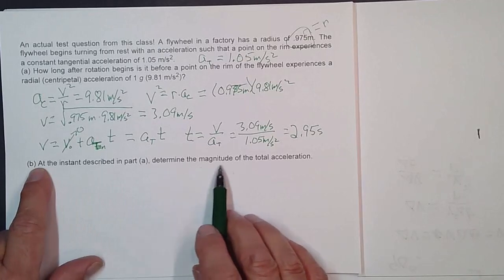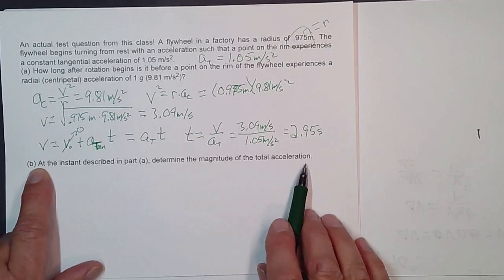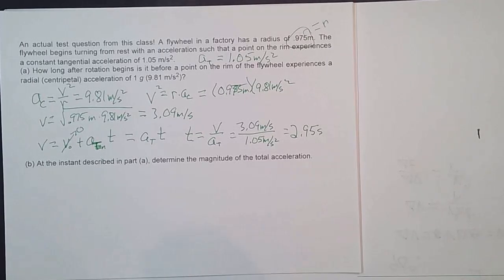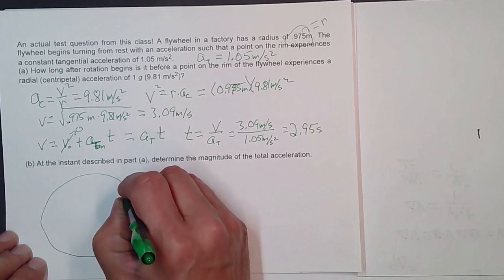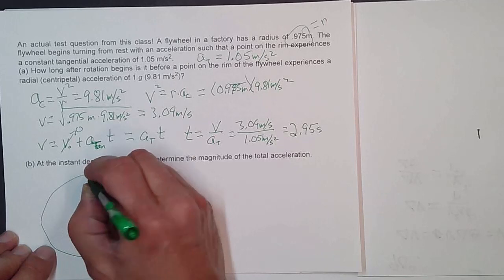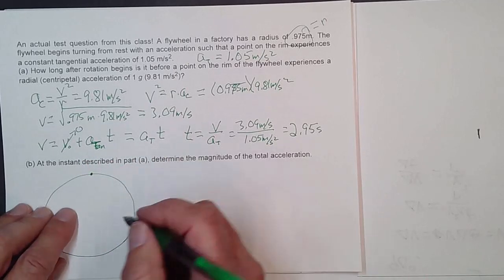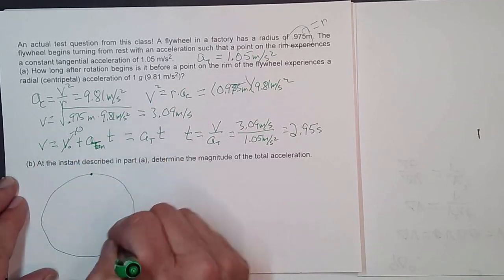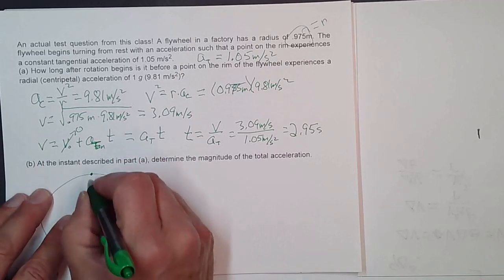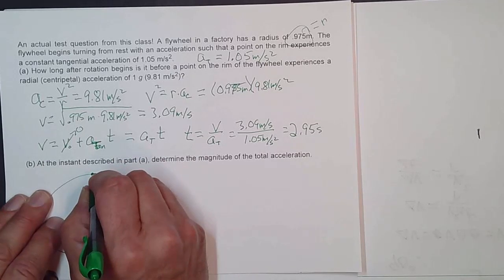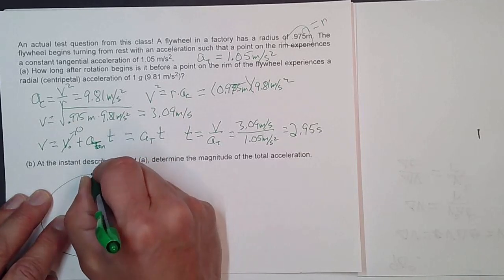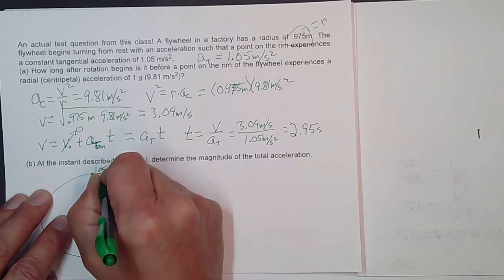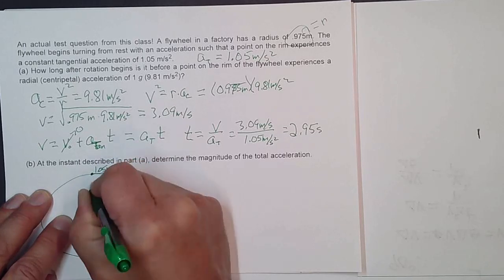At the instant described in part A, determine the magnitude of the total acceleration. Well, if we've got a circle here and the object is traveling in that circle, let's just suppose it's going clockwise this time, and it's got a tangential acceleration in the direction of the velocity, that's going to be 1.05 meters per second squared.